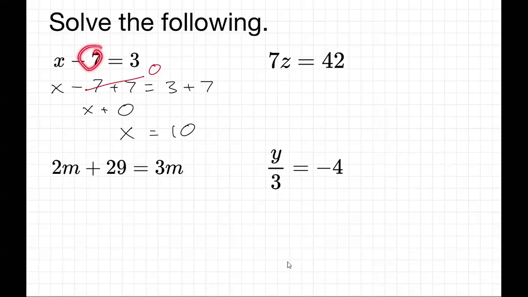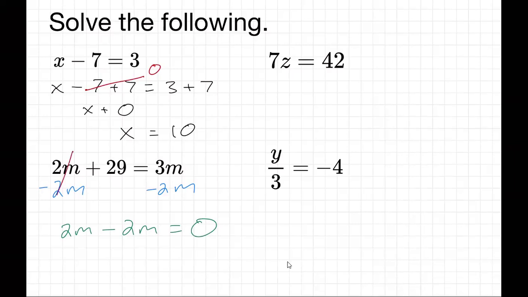Now here I did it with a constant term, but with this equation, I want you to see you could also do it with a variable term. When you have a variable on both sides of your equal sign, it's going to be important to get it all to one side. So let's subtract this 2m from both sides. The reason I'm subtracting again is I had 2m. When I do a subtraction of 2m, that's going to give me 0.